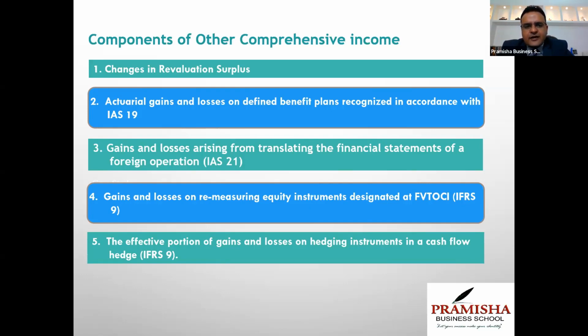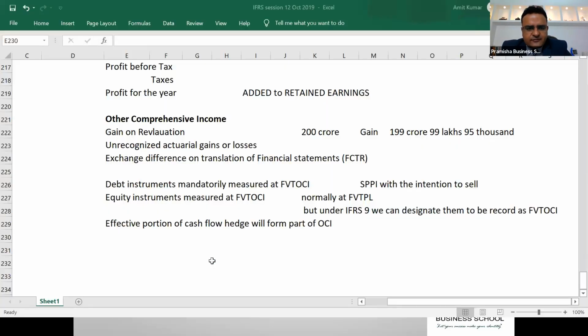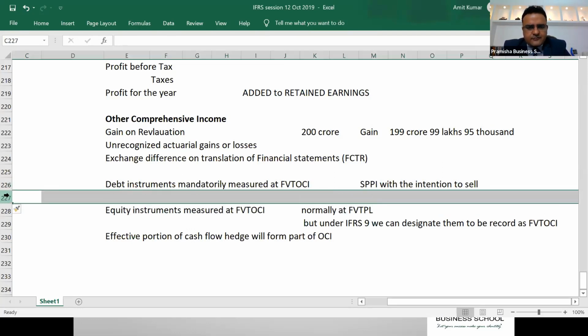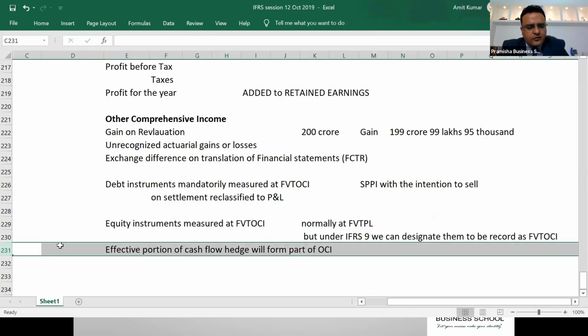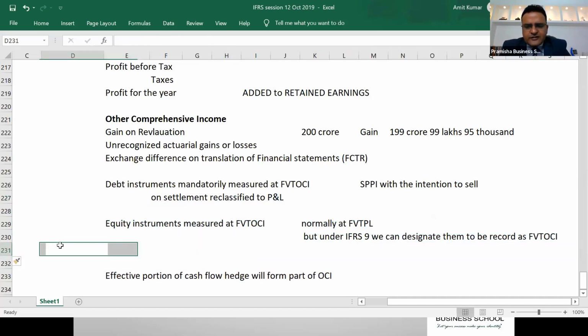And if there is a debt instrument which is mandatorily measured at fair value through OCI, on settlement, this is reclassified to P&L. Equity instruments designated at fair value through OCI are never reclassified to P&L.